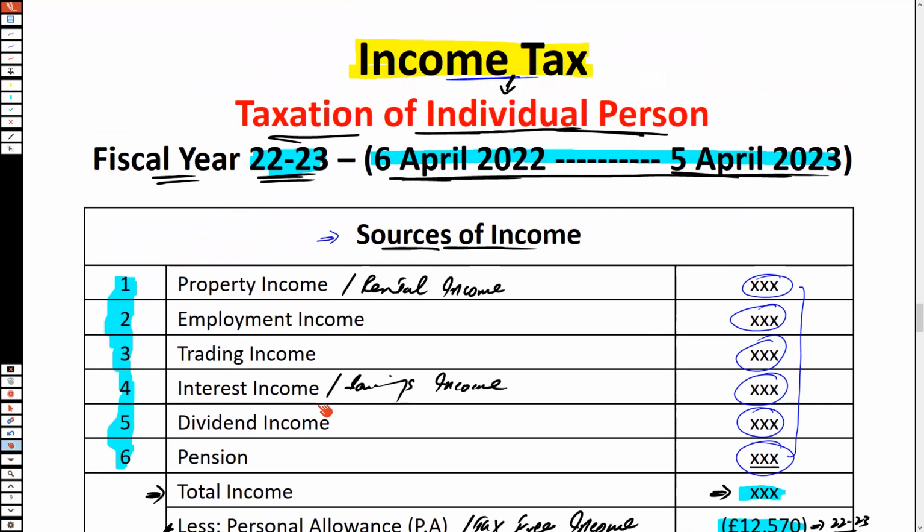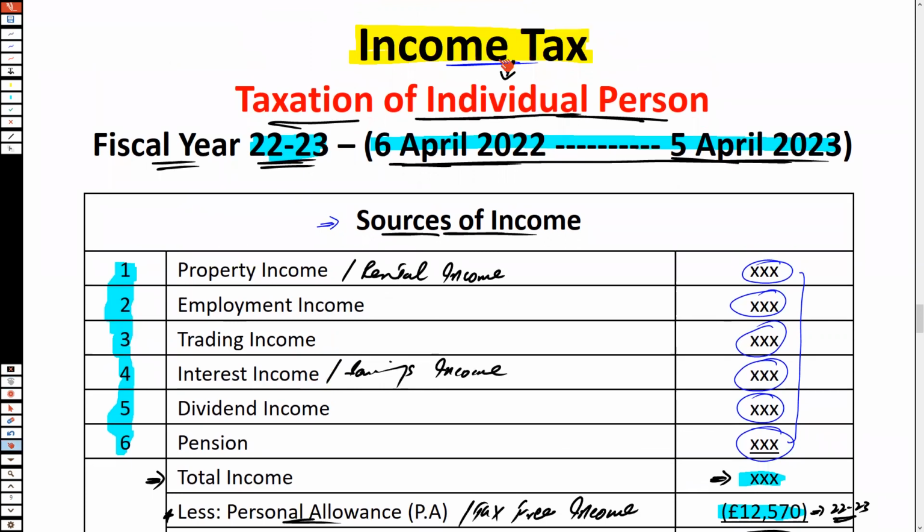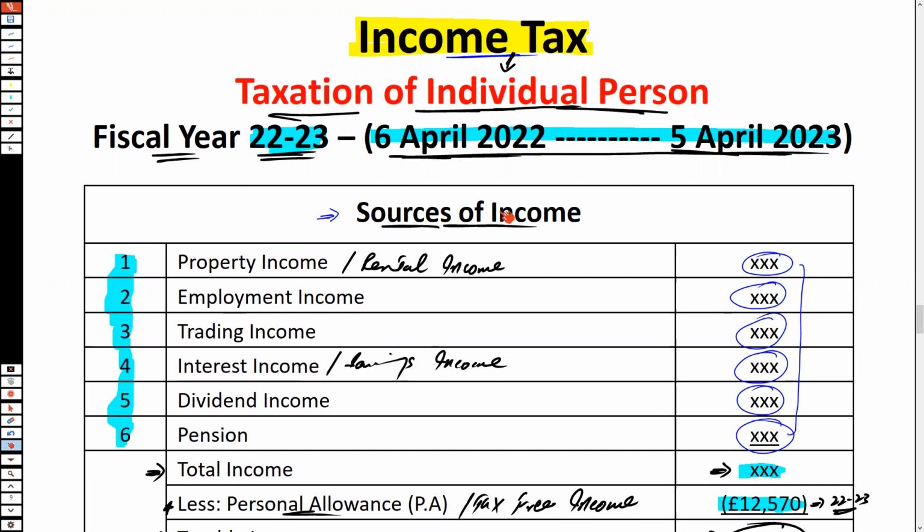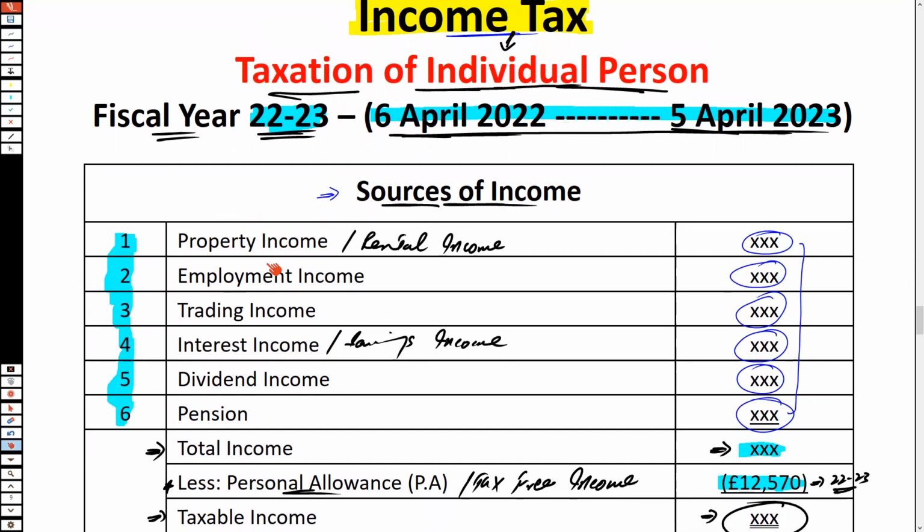I repeat how we have to deal with income taxes. For the taxation of an individual person, we should know about the sources of income. It's not necessary that in every question all 6 sources are available. There could be a single source, any two sources, any 4 sources, or all 6 sources of income. Let's say if I'm only doing a job, I only have one source of income, that is employment income.